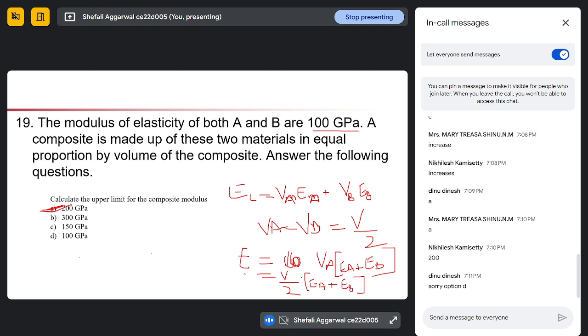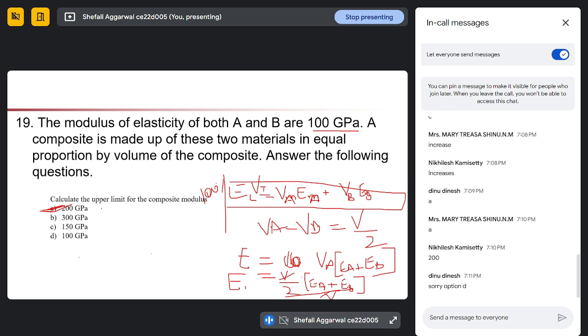Total volume fraction: normally how this formula comes is that we are considering total volume as 100%. That's why this is coming. So it will be divided by V total. Option D is the correct one. So if you use this formula, you will divide it by total volume, so volume will cancel out.